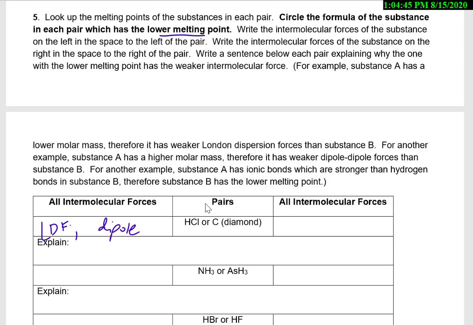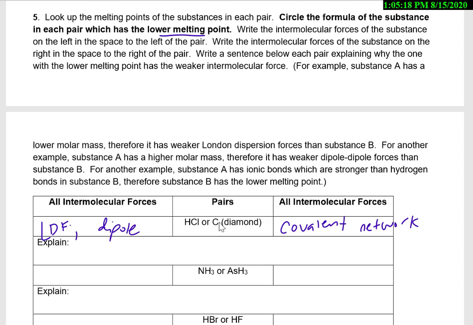If we think about carbon, we have to know the primary bonding forces that exist as well, such as metallic and covalent network. And here carbon is one of those that falls under the covalent network. So carbon has covalent network, which is a primary bonding force and much, much stronger than any of the intermolecular forces.